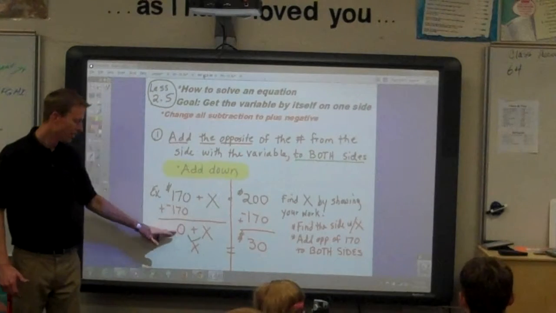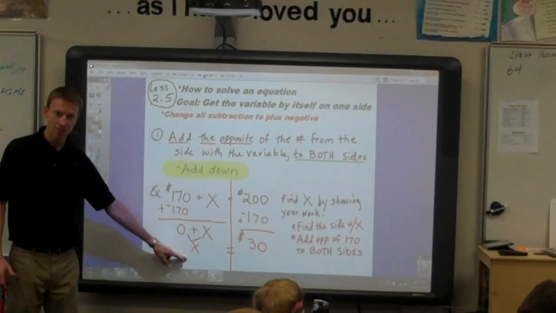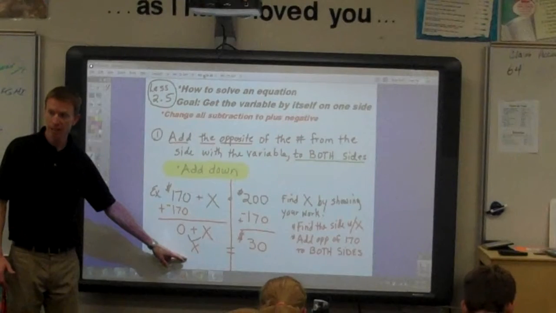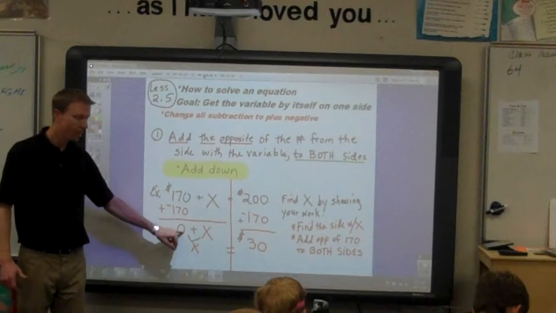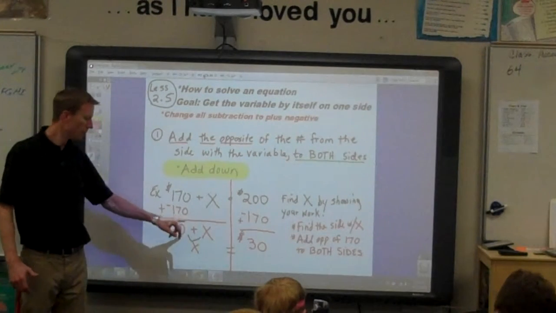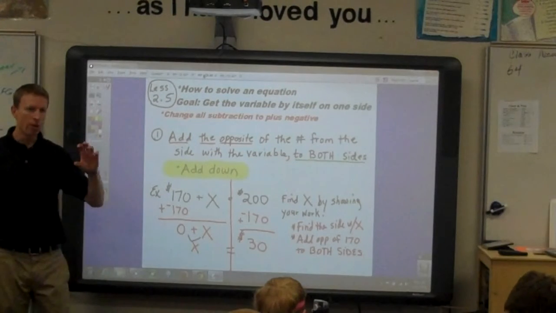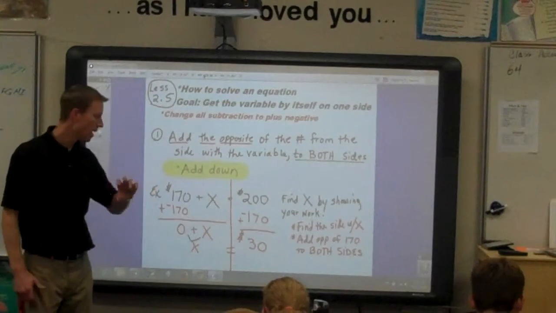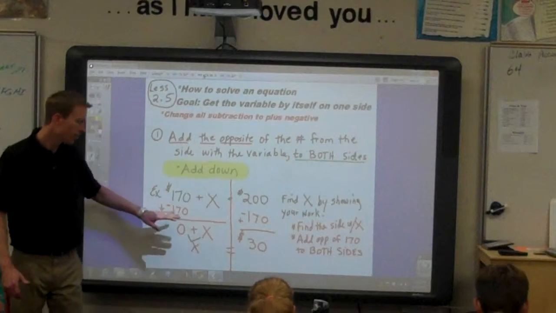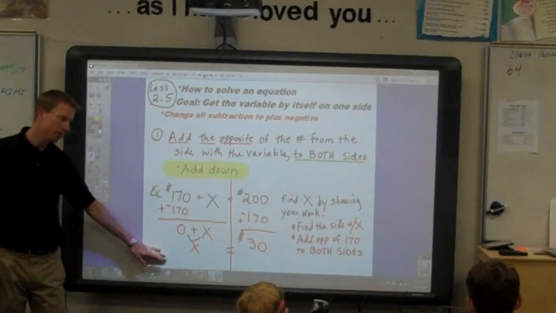Now we know that 0 plus any number is that number, even if the number is X. This is the identity property, right? So we show and we prove that this is the solution by getting rid of the number.